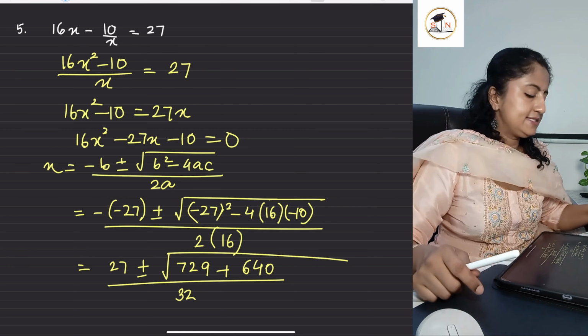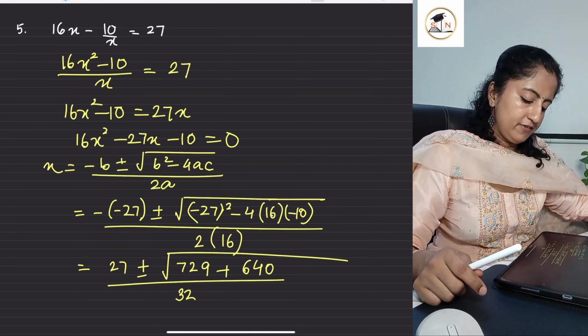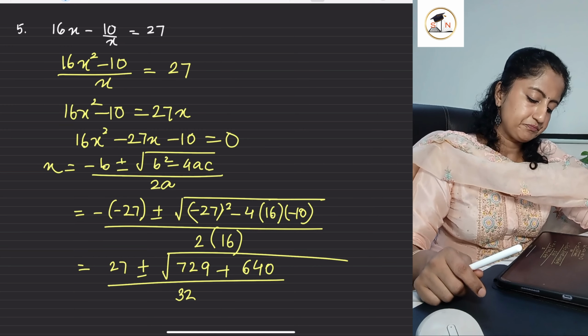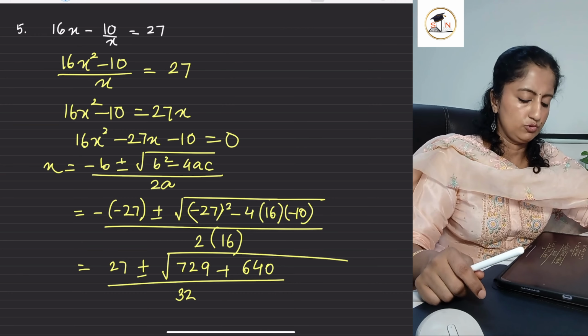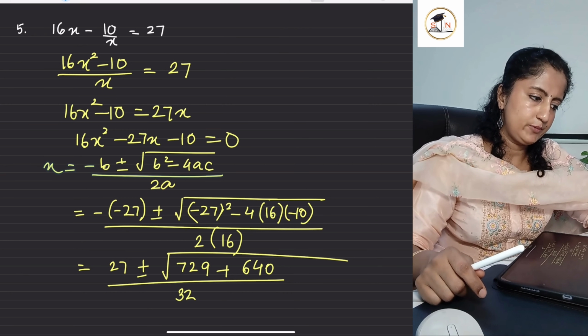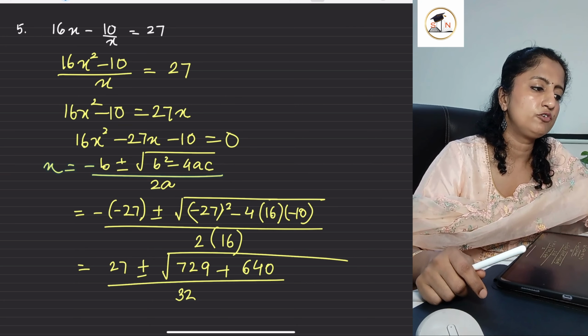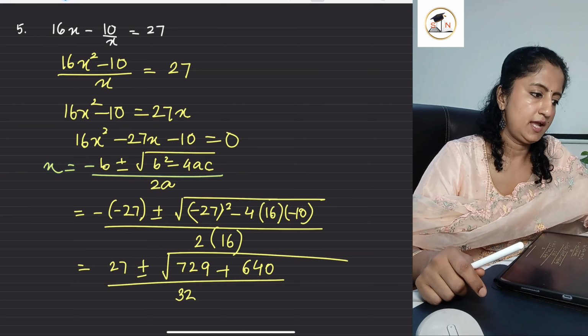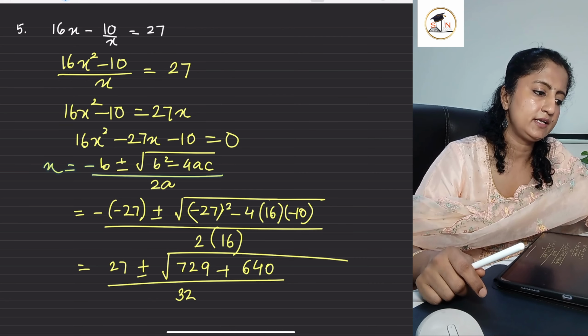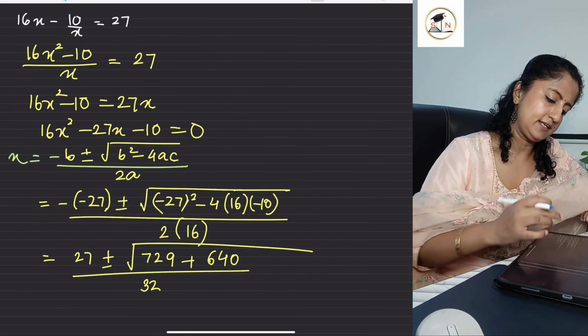Now, you can easily see over here that we are actually having bigger values in the root. We are getting 729 plus 640. That means we need to find the square root over here, and 729 plus 640 is 1369.